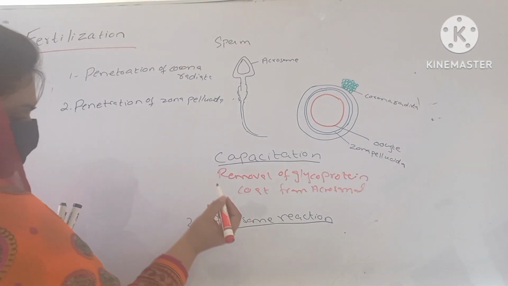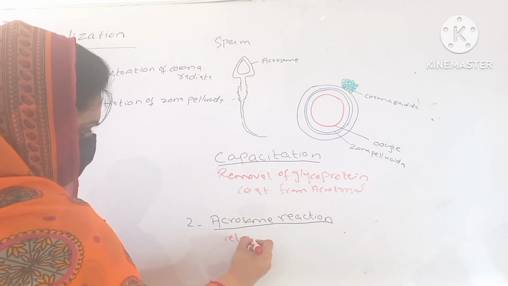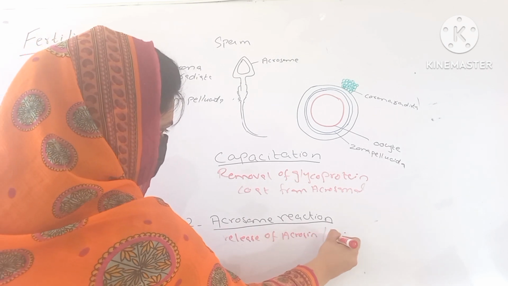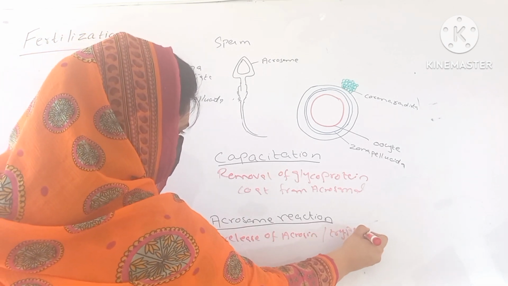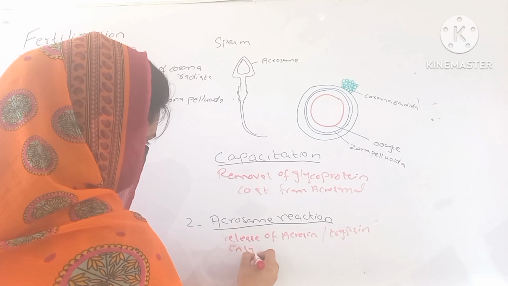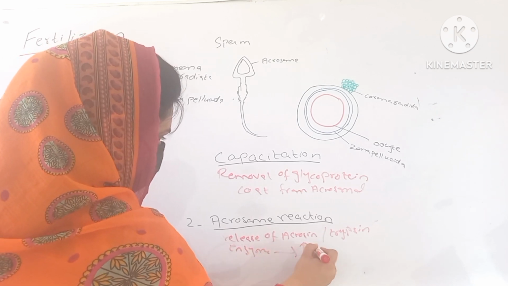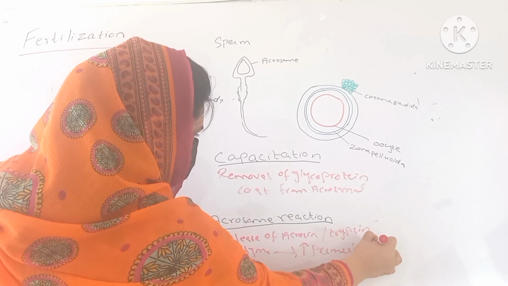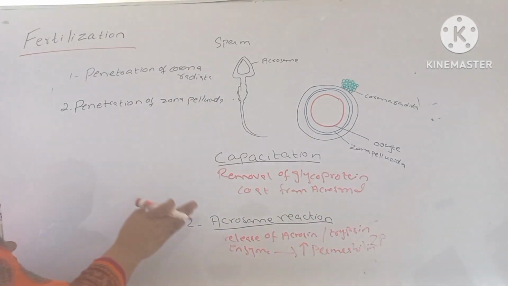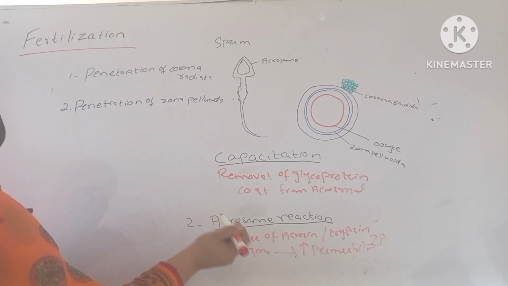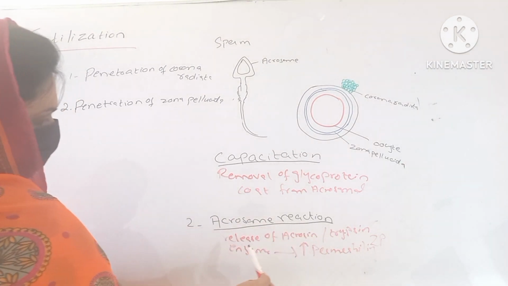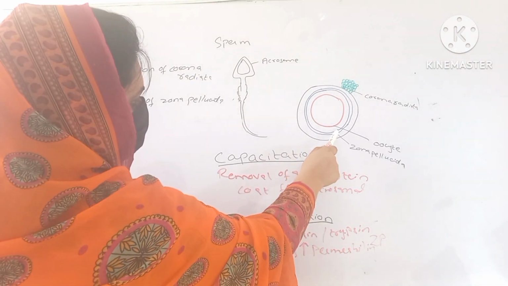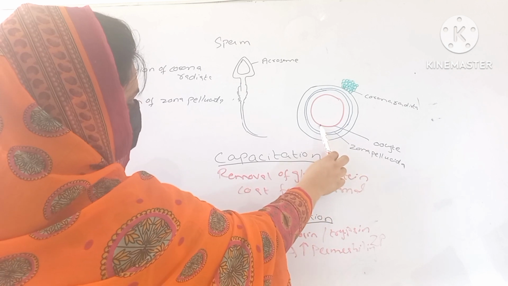It is the release of acrosin or trypsin-like enzymes or substances which will increase the permeability of the zona pellucida for these sperms.